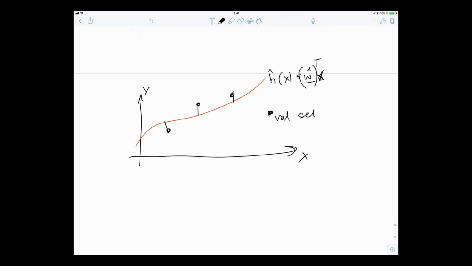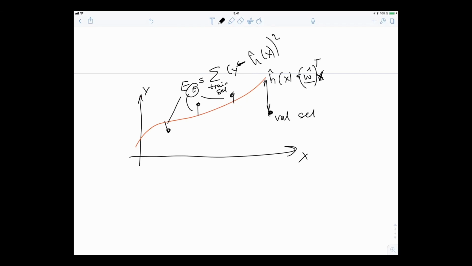And we then compute the resulting error on the training set. This is what is called the training error, E train. This is the sum over the training set of the squared error of h. The important thing is that for the training error, we evaluate the trained hypothesis on the same data set that we used for training, in empirical risk minimization.